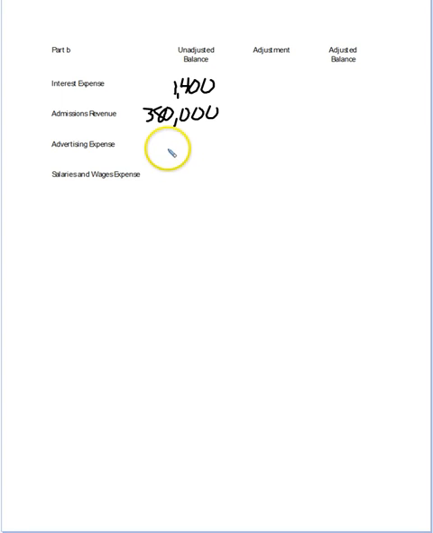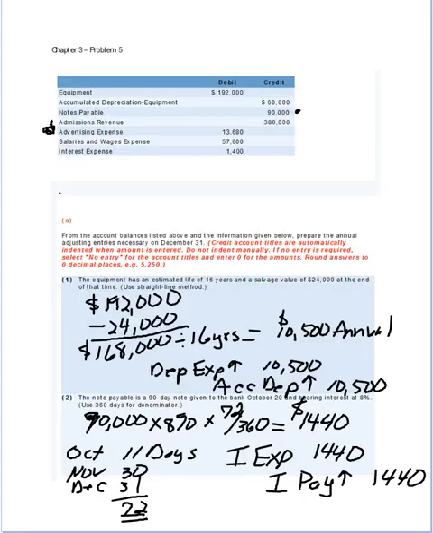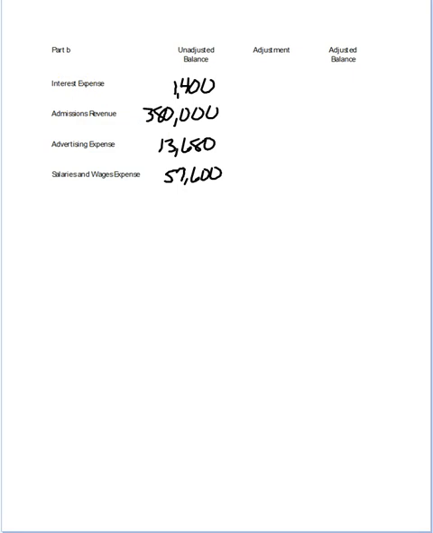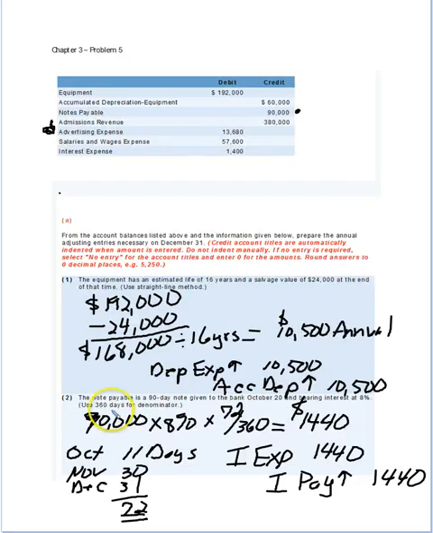Advertising expense started at $13,680. And salaries and wages expense started at $57,600. Okay, so let's go back and we'll just look at our adjusting entries. Forgot already. Let's see, we're looking for interest expense. So where did we make a journal entry for interest expense?